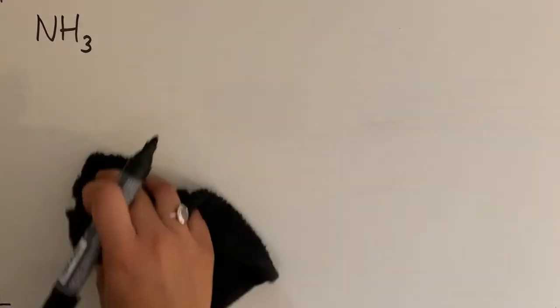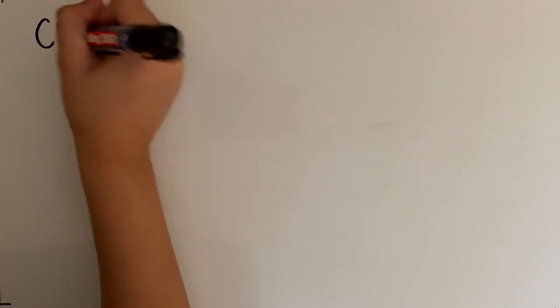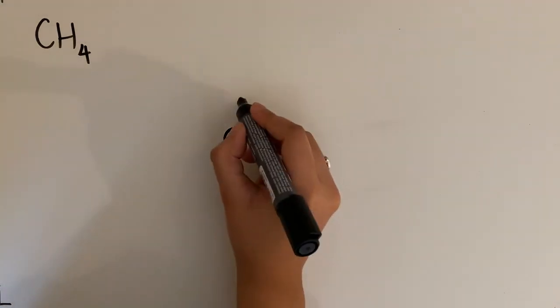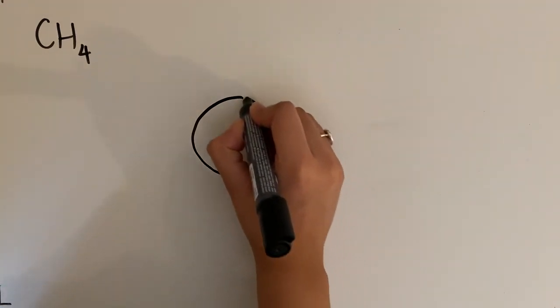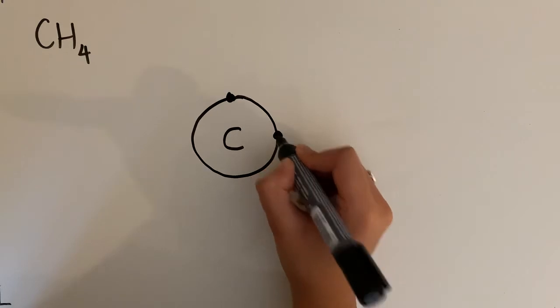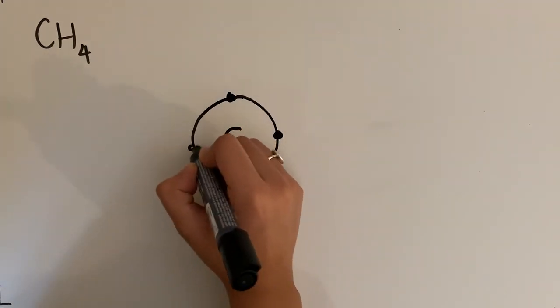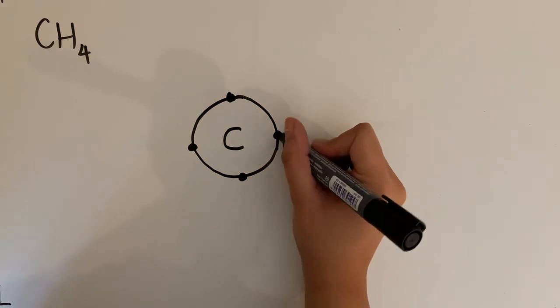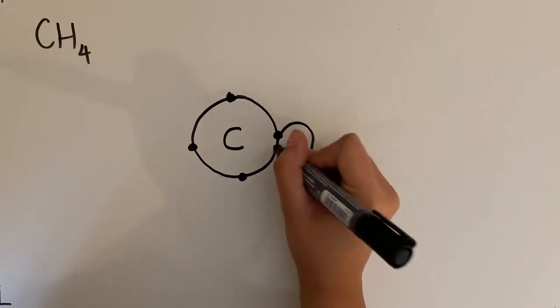Right, just one more we're going to look at is our methane. Methane has 4 hydrogens and 1 carbon. Carbon is in group 4, so it has 4 outer electrons. And you may have guessed it, it's therefore going to form bonds with 4 hydrogens like this.